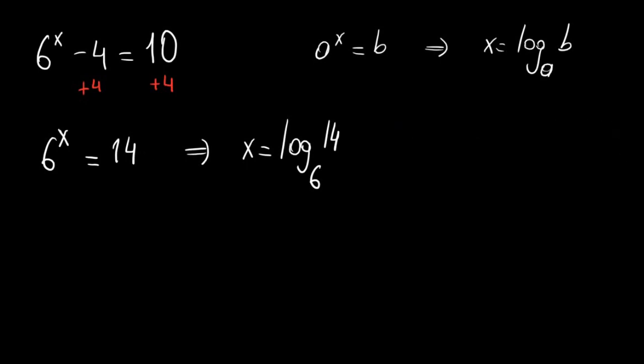Let's write another example: 7 to the power of x minus 5 is equal to 4. We are going to solve this equation for x. Here 7 is the base and x minus 5 is the exponent.